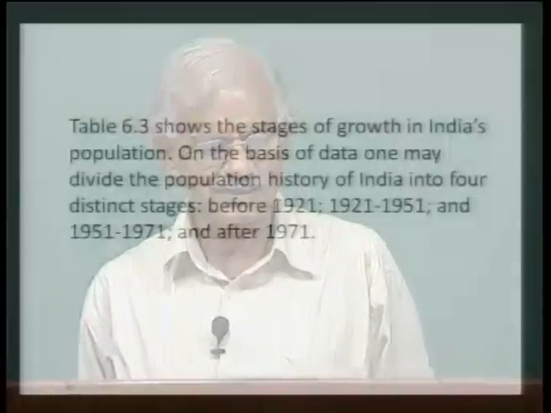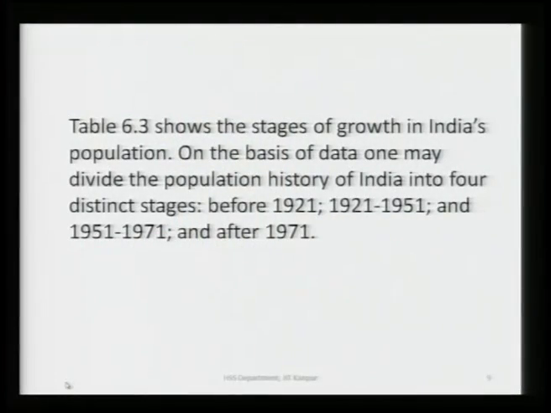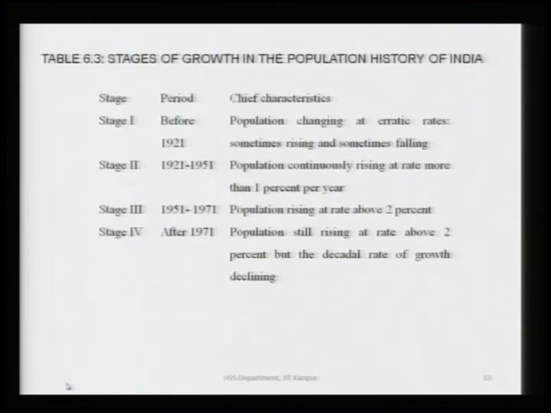And 51 to 71, the population grew at more than 2% per year. After 71, again the population is growing at more than 2%, but the growth rate starts falling. That's good news, that the growth rate starts falling.